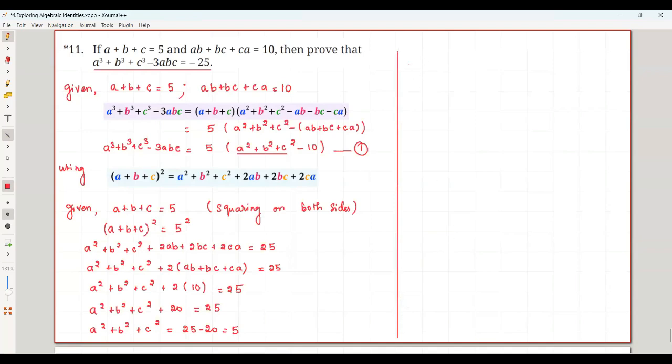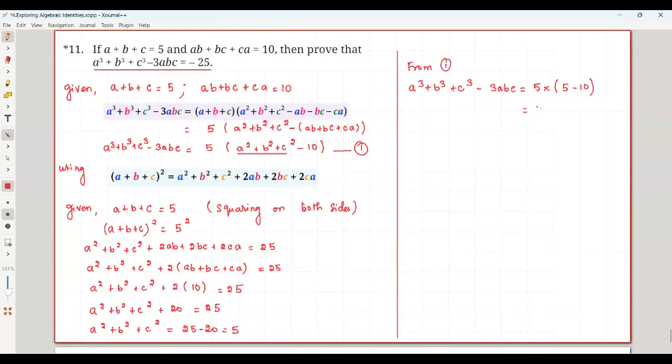So from equation number 1, a cube plus b cube plus c cube minus 3abc is equal to 5 into, in the place of a square plus b square plus c square, I can write 5, minus 10.